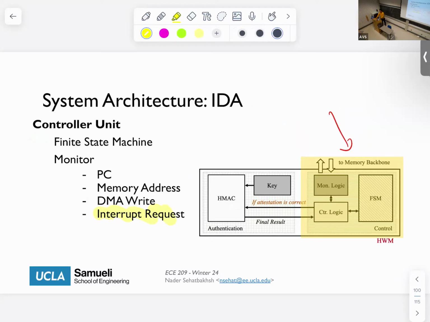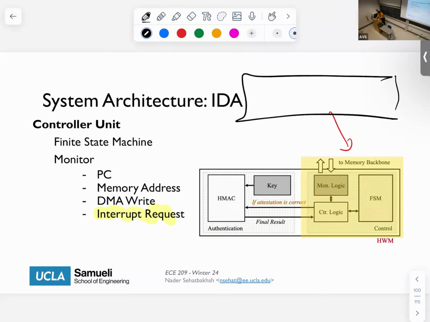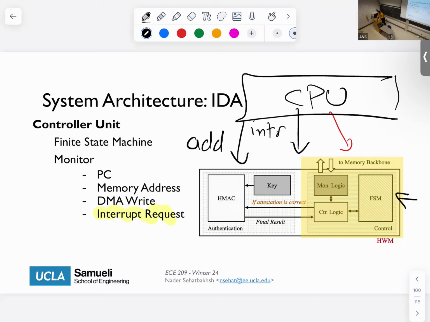So if your CPU is sitting here, and this is your hardware module on the same device, there is this interrupt going from here to here. If an interrupt happens, then the hardware module will know that an interrupt happened. So what we are saying now is to check the addresses during the interrupt, and see if any of those addresses is changing something that you were checking before.